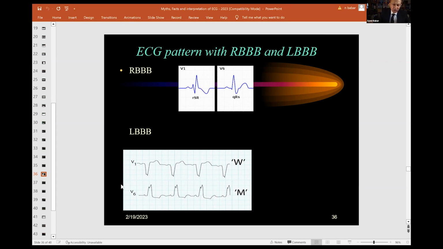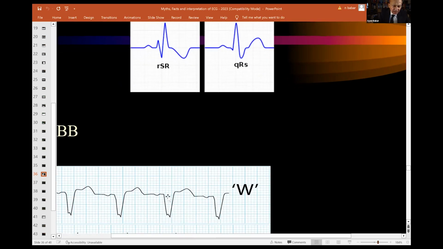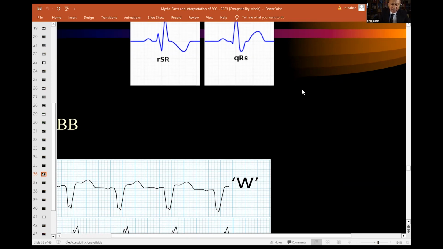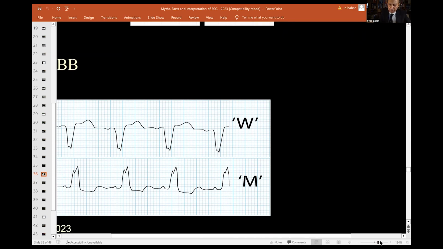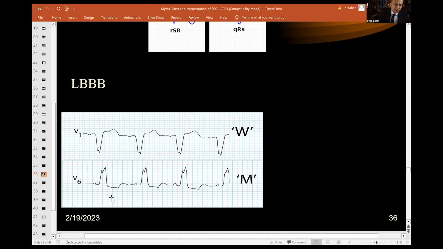Left bundle branch block, if you look at V1, there is this W abnormality like this, and similarly it would be in V6. So in V1 there will be W, and in V6 there will be M.